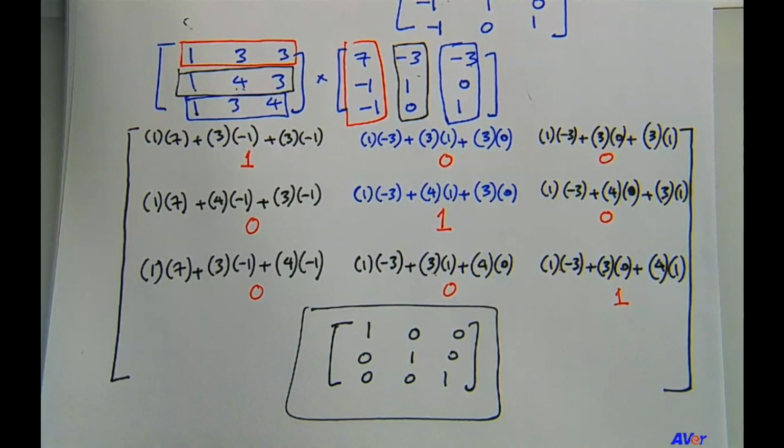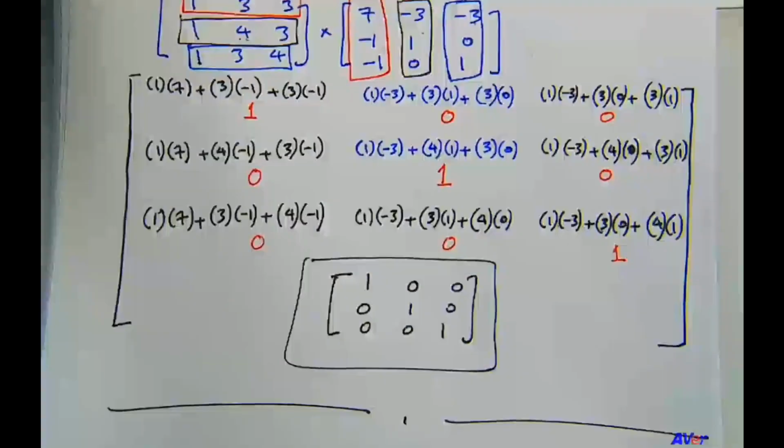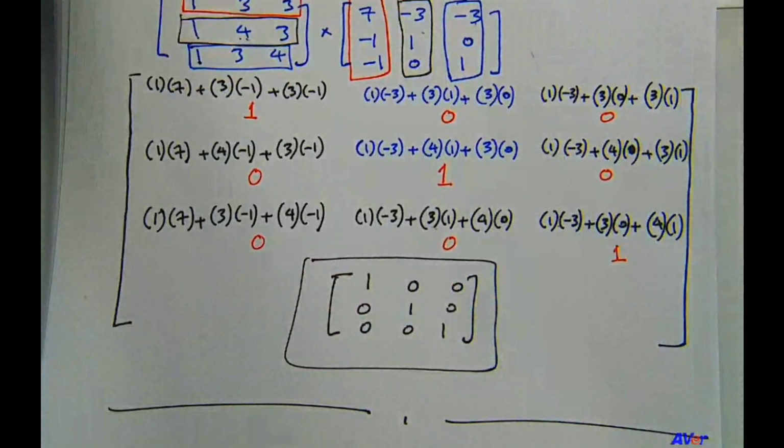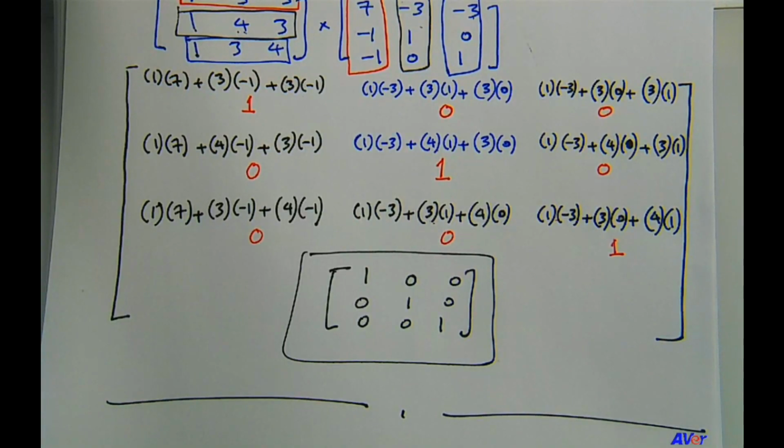So now that we've discussed some basic ideas about inverse matrices, and we've shown how we can prove the claim that two matrices are inverses of each other, how do we find the inverse of a matrix? Now there are at least half a dozen, maybe even a dozen, different ways of finding the inverse of a matrix. But in my opinion, the best of those methods, and my favorite, is discussed in this course.